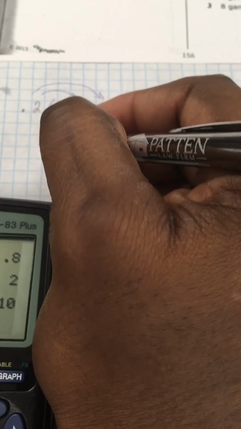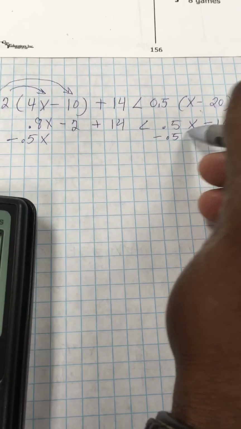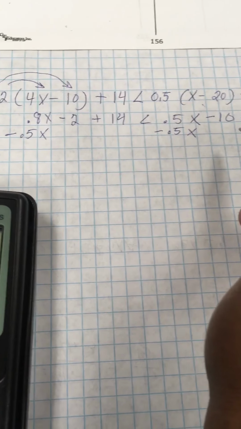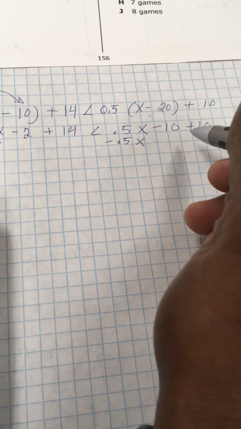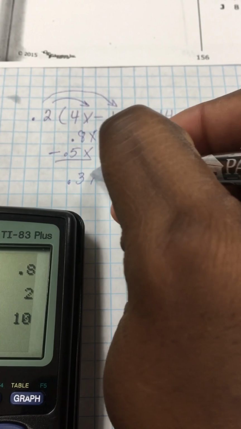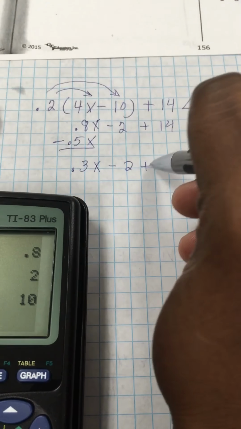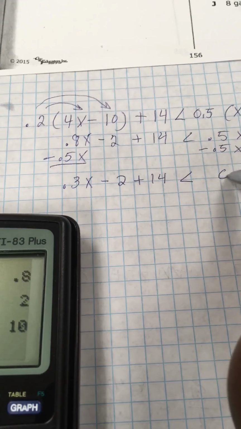So there's going to be a minus 0.5x. So you subtract 0.5x on both sides. So this becomes 0.3x minus 2 plus 14 is less than 0.